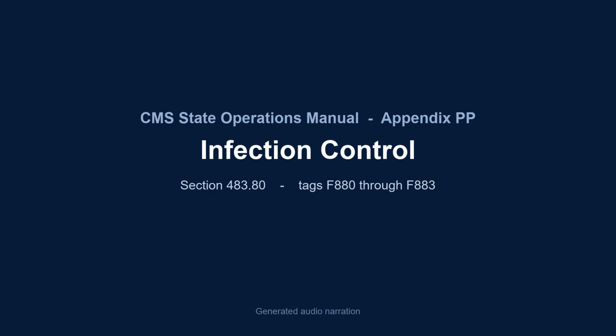Potential tags for additional investigation. F845, for concerns related to staff training on the standards, policies, and procedures of the Infection Prevention and Control Program. F826, for staff competency concerns related to nursing services.